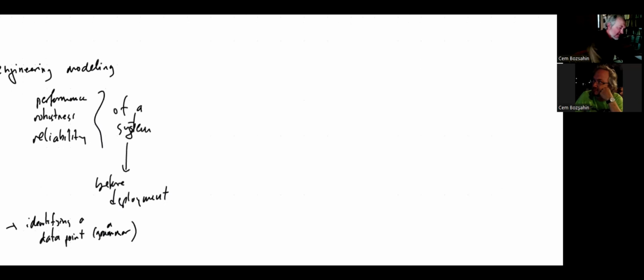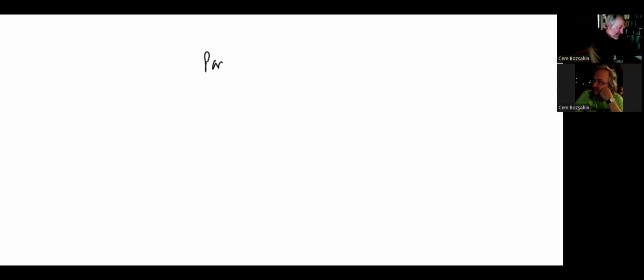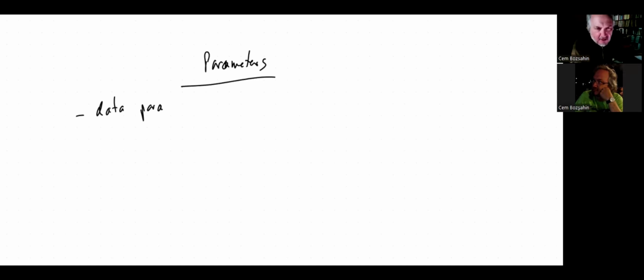Okay. So in terms of parameters, we have data parameters, which essentially say this data in this grammar is participating in that much belief in it, some kind of weight, or in some cases probability or whatever. And then we have hyperparameters.